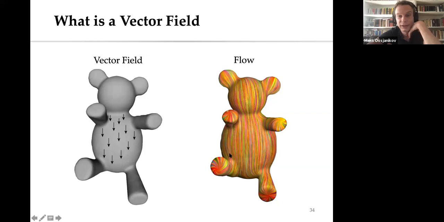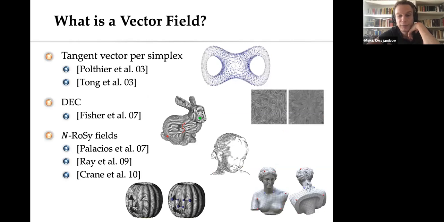The second is as a flow: if you take a particle and start moving in the direction prescribed by the vector field, that gives you a flow. So a vector field is also a prescription for motion in some sense. And there are many different representations of vector fields. I'll just briefly mention some of the works, and they each have their own advantages and disadvantages.